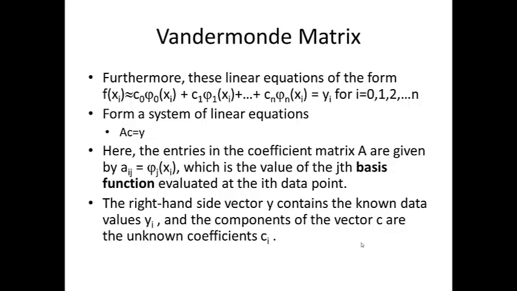These form a system of linear equations, Ac equals y, and here the entries in the coefficient matrix are given by a sub ij is equal to phi j evaluated at x sub i, which is the value of the jth basis function evaluated at the ith data point. The right-hand side vector y contains the known data values y sub i, and the components of the vector c are the unknown coefficients c sub i.